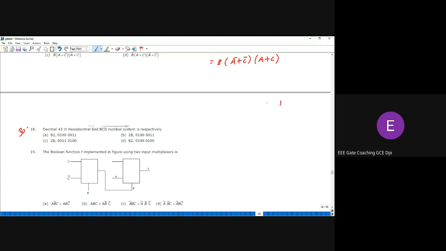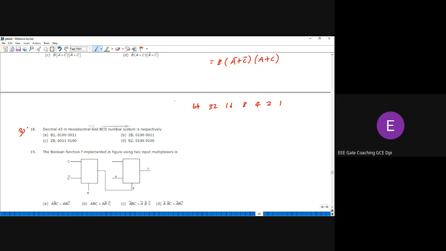So 1, 2, 4, 8, 16, 32, 64. So 2 power 0, 2 power 1, 2 power 2, 2 power 3, 2 power 4, 5, 6.